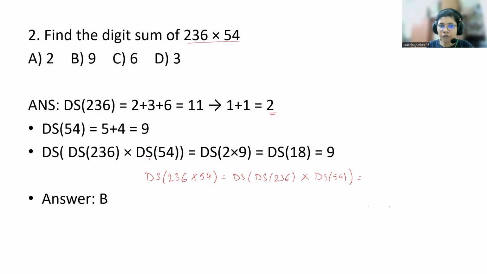But digit sum of 236 is nothing but 2. So you just have to multiply 2 and 9. 2 into 9 is 18. Remember, 18 is divisible by 9, or simply 8 plus 1 is 9. So digit sum is 9. So your B option is correct.